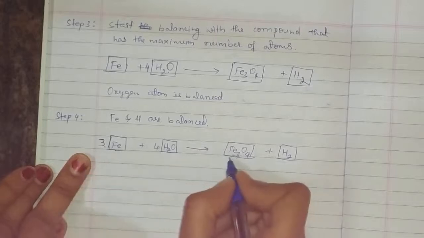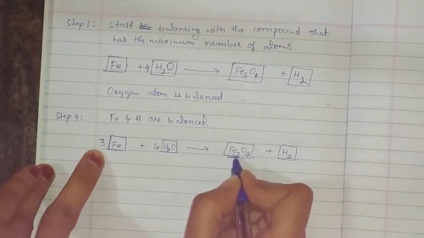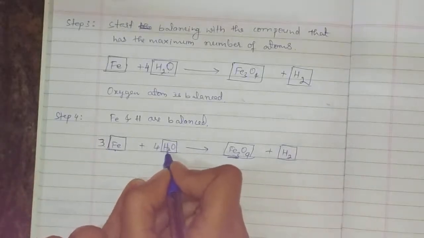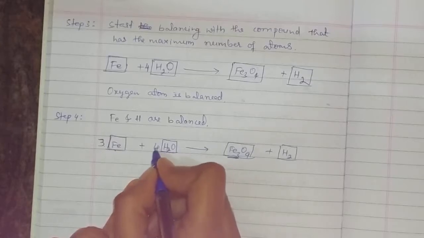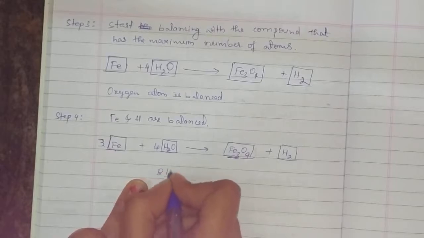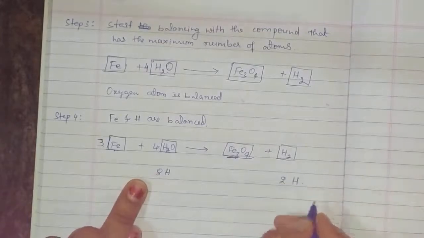Here 3, and here 3. So iron atoms are balanced. Next, now count the number of hydrogen atoms. In reactants 2, here 2, and this is 4. 4 into 2, total 8 hydrogen atoms are there in reactants, but in products 2 hydrogen atoms are there.